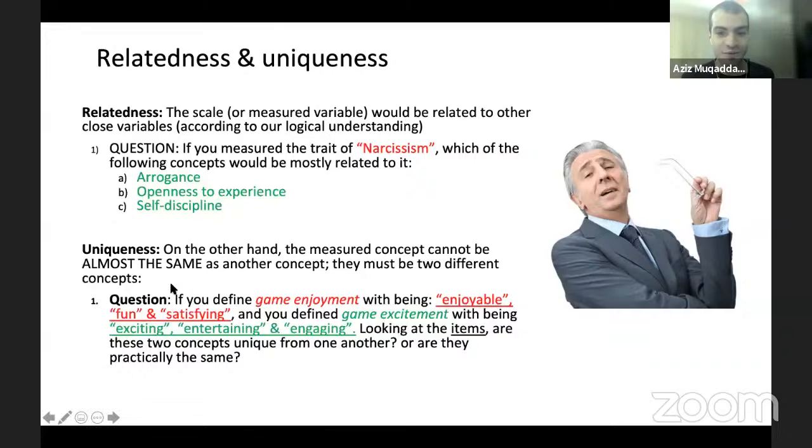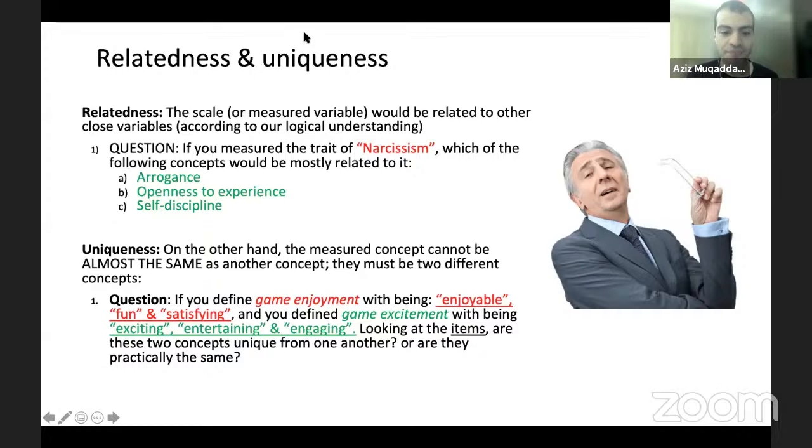And let me give you a different example. Suppose I came up with a scale and said, okay, this is for game enjoyment. And the items I have: the game felt enjoyable, fun, satisfying. Another person said, okay, I'm having a scale and I'm calling it game excitement.